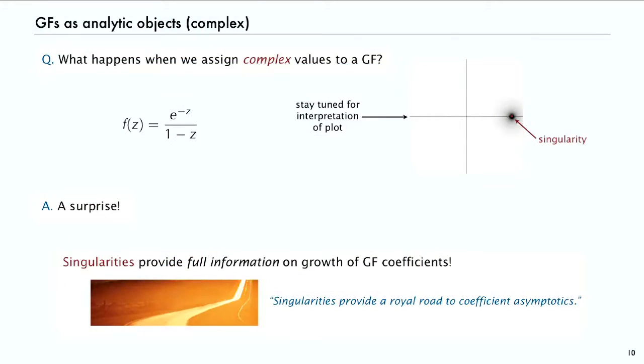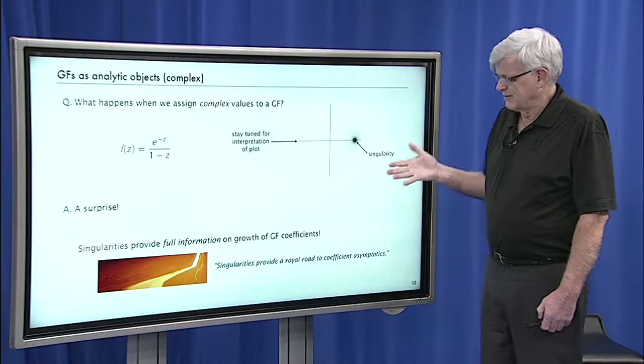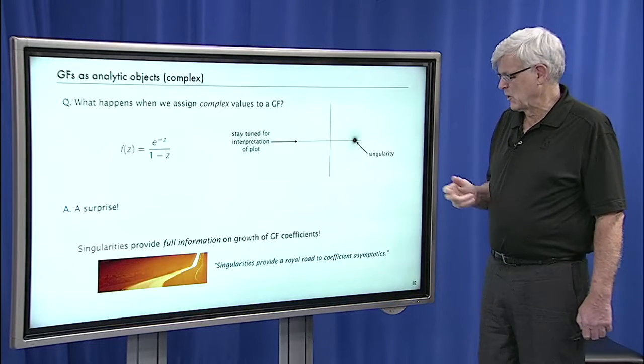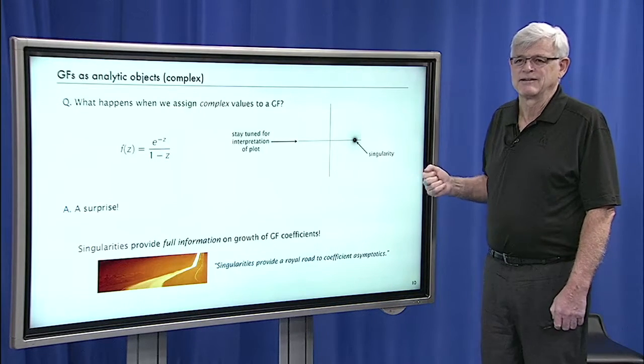And in fact, the surprise is that all we need to look at is the singularities, and actually usually just one, to get full information on the growth of the coefficients. As Philippe says, singularities provide a royal road to coefficient asymptotics.